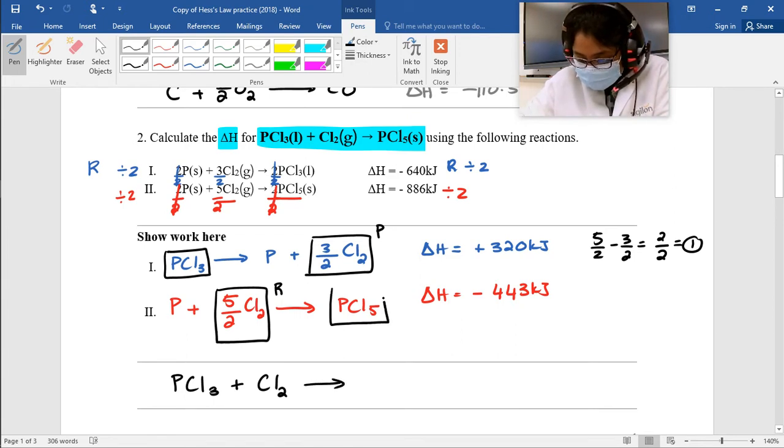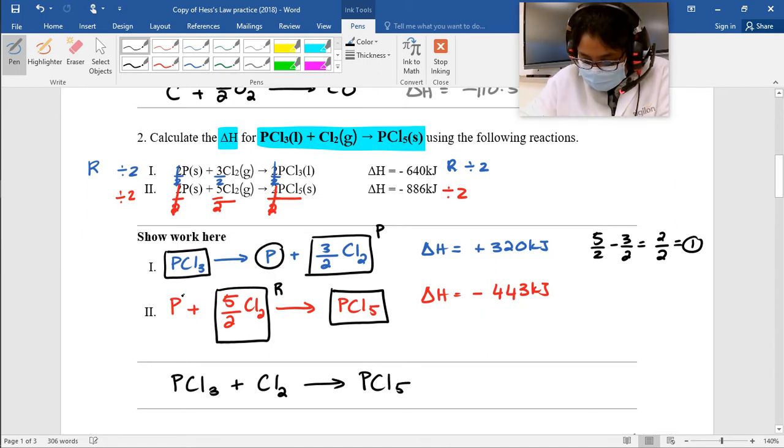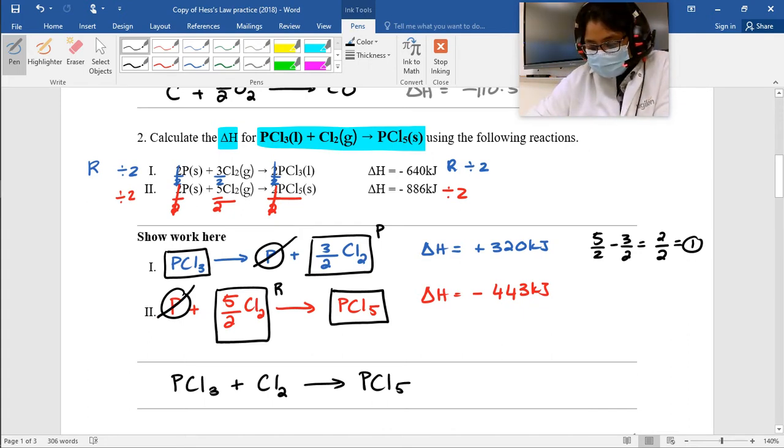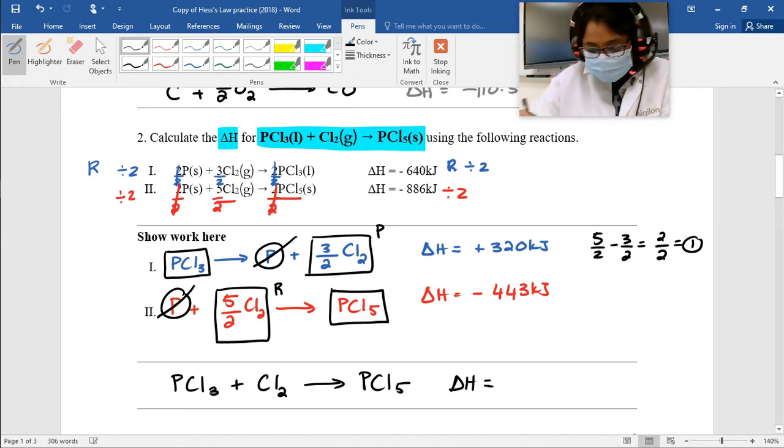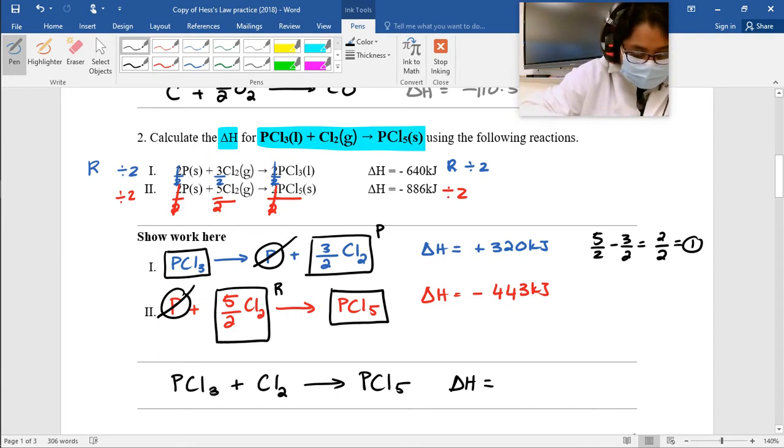And then we need the PCl5. And you'll notice that these will cancel out because this is a product and this is a reactant. And it's not something we need in our reaction, so we cancel it out. Okay, and now we can solve for our delta H, which is going to be 320 plus negative 443.